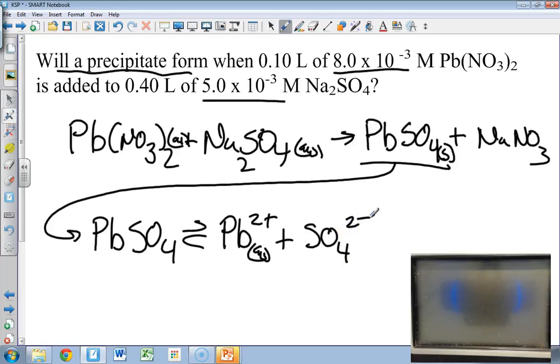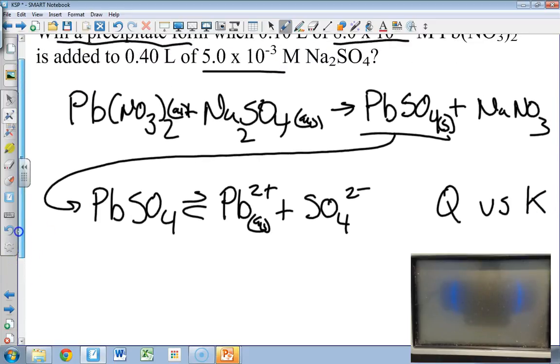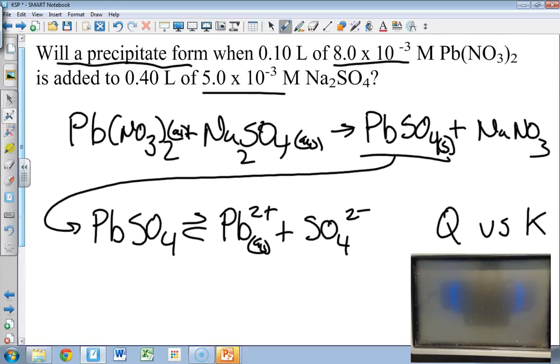Now, this in its simplest form is just a Q versus K problem. Okay? That's really what it is. So what we want to do is calculate how much sulfate there is at equilibrium, or initially, and how much lead there is initially, and then we're going to go from there.